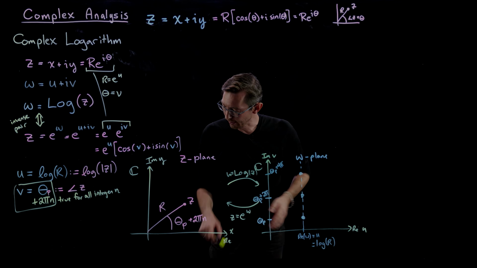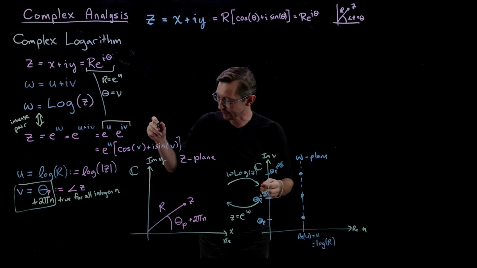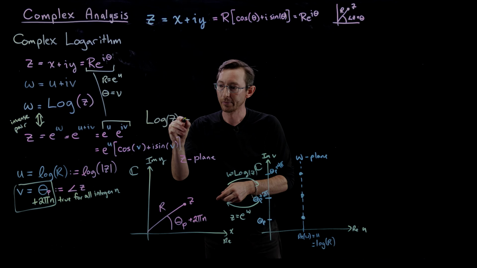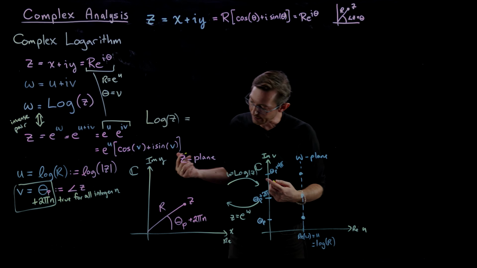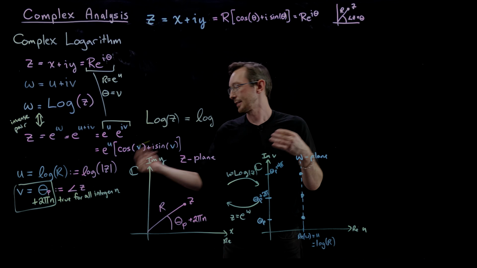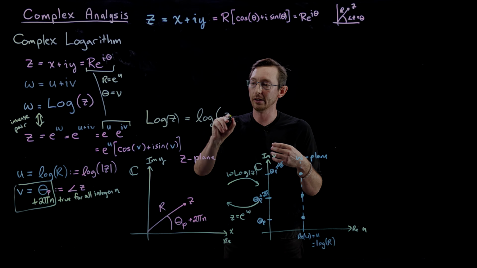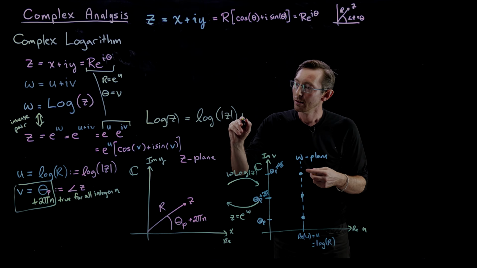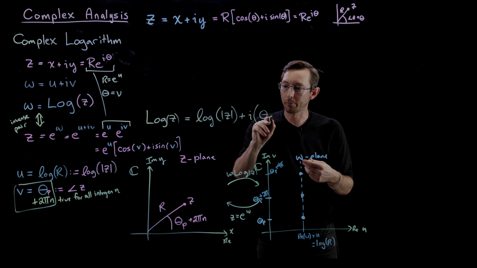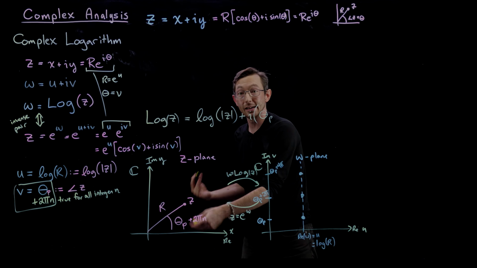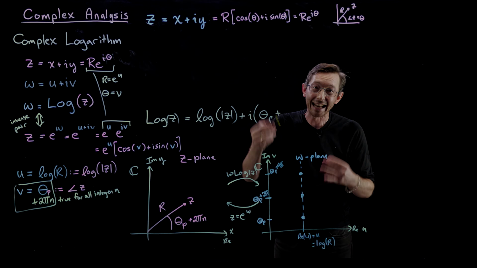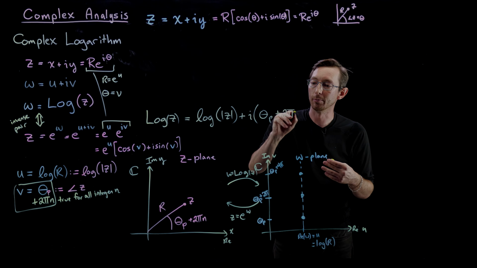And so I want to write down the actual formula here. The complex logarithm of z, capital Log of z, equals a real part, and that real part is log of the radius r, which is log of the length of z, plus i times this principal angle, the angle between 0 and 2 pi that uniquely identifies that point z, plus any integer multiple of 2 pi n.